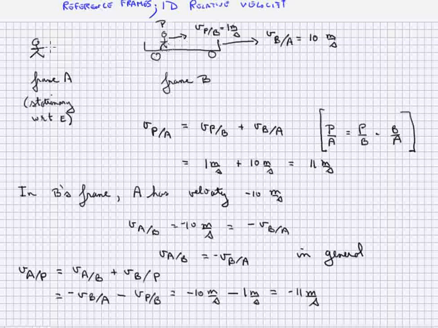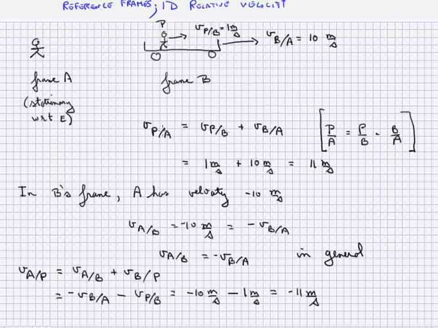And so to formalize this discussion, we have a frame A of a person who, let's say, is stationary with respect to the Earth, WRT, with respect to the Earth, and a frame B, which is a moving train in this case. And let's say that the train has a velocity of 10 meters per second with respect to A. So this B/A means B with respect to A. And that a person P in the train has a velocity of P with respect to B of 1 meter per second.